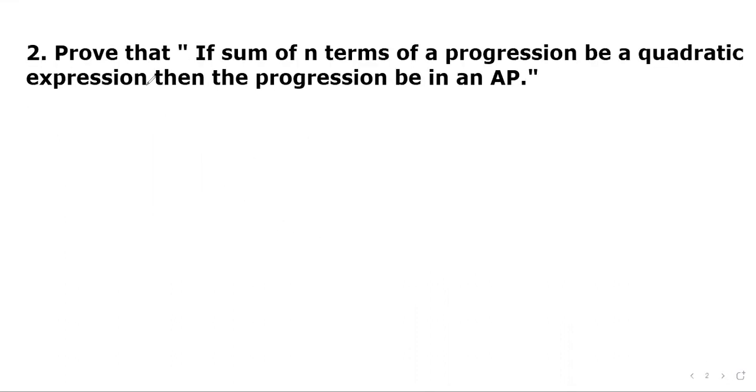Now, second question. Prove that if the sum of n terms of a progression is a quadratic expression, then the progression is in AP. Let's see the solution. Let's write the sum as Sn equals an square plus bn plus c, where a, b, c are constants, and this is a quadratic expression.